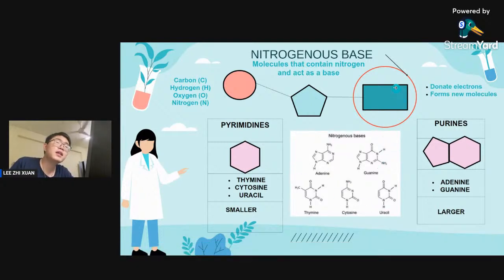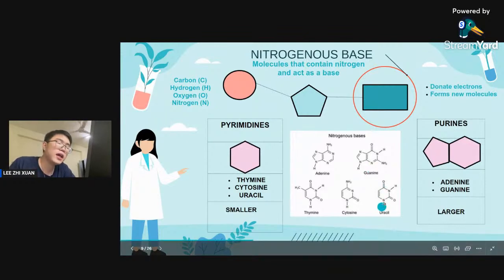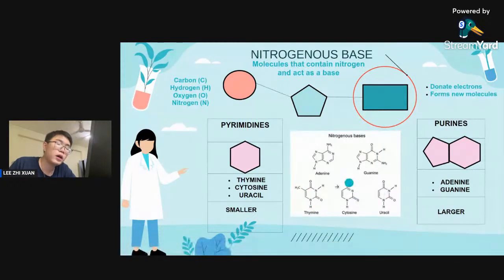Normally the function is to donate electrons and form new molecules. This is the key molecule that differentiates the nucleotides. Altogether we have 5 nucleotides, but DNA and RNA only have 4 present.